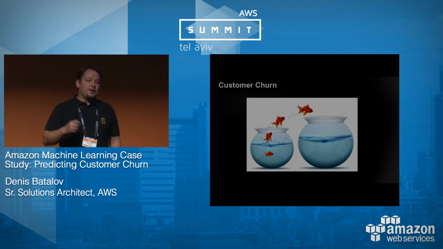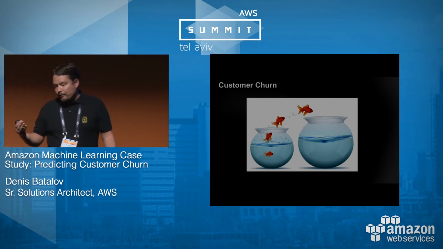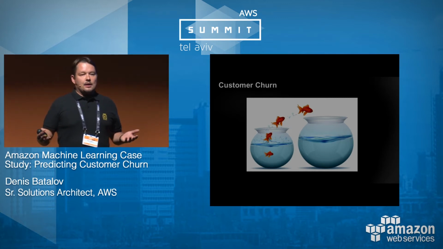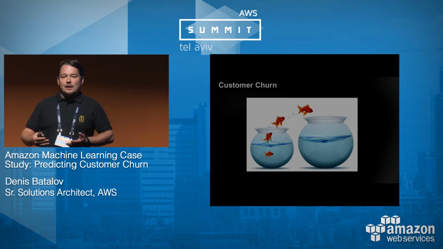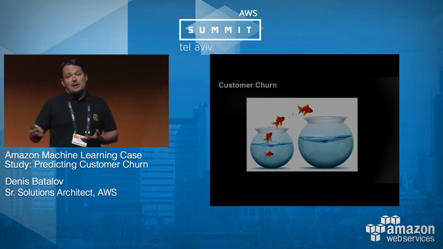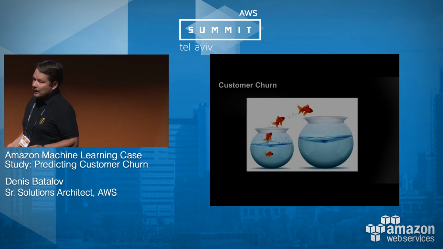So, churn prediction, or customer churn, right? This is a very common problem that different companies face. If you offer a service of some kind, then you may have customers leaving your service, abandoning you for some reason. There could be many reasons for that.